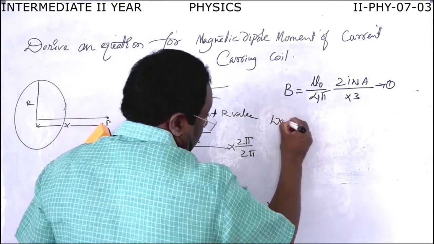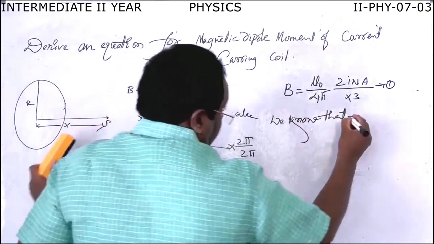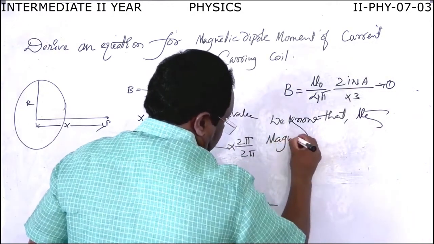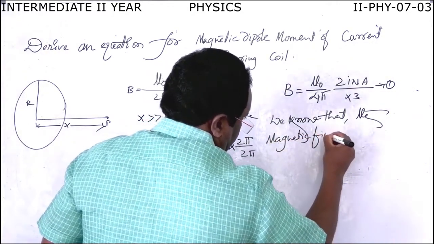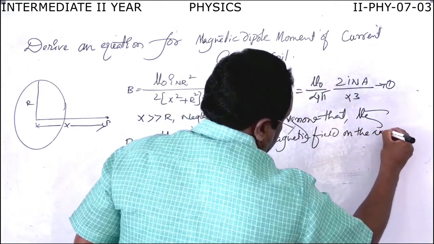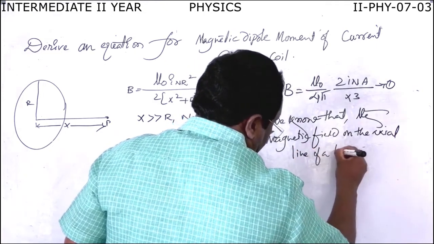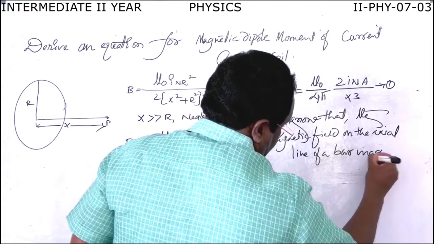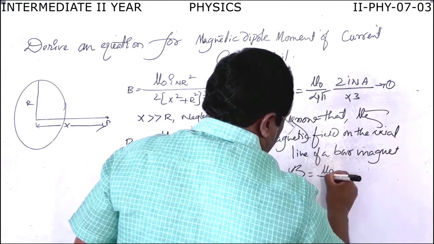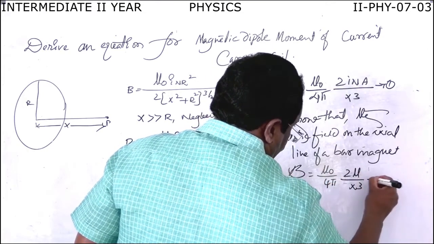We know that the magnetic field on the axial line of a bar magnet is B equals mu naught by 4 pi into 2 mu by x cube.